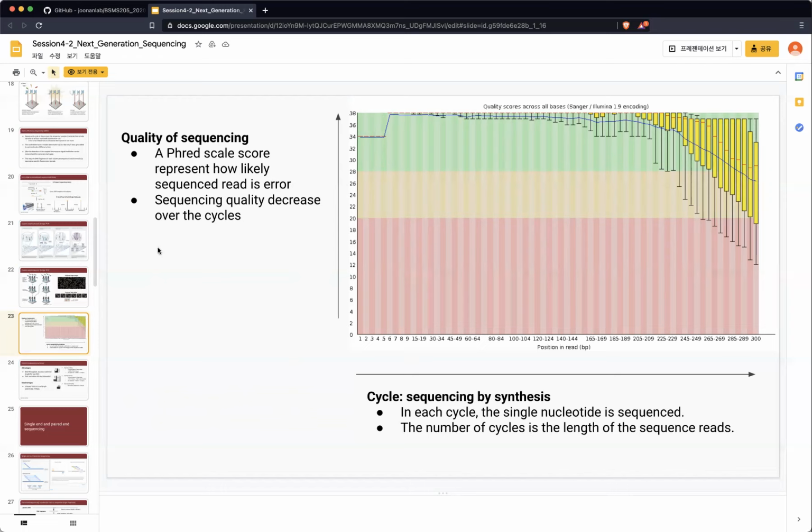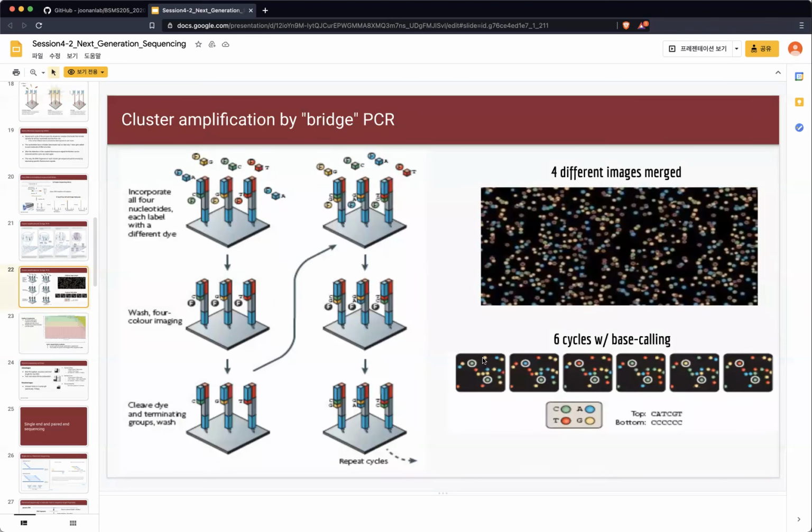For the first few positions, let's say the first, second, third, and fourth position, the Illumina machine takes an image of this information, then identifies which position has which coordinate. So Illumina adjusts its positioning and image processing at the first few cycles.